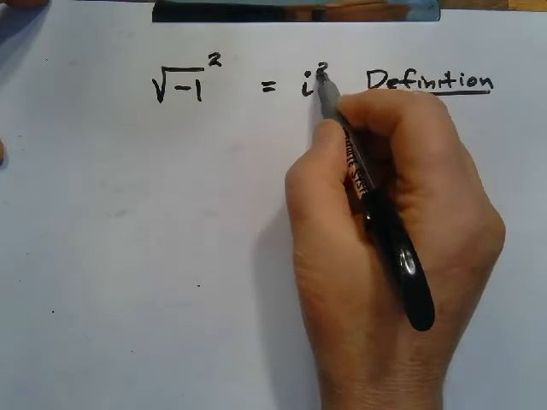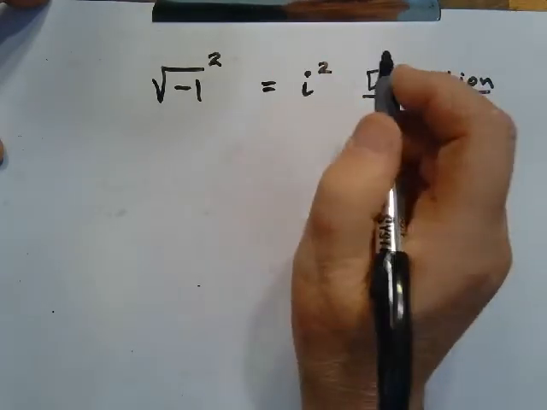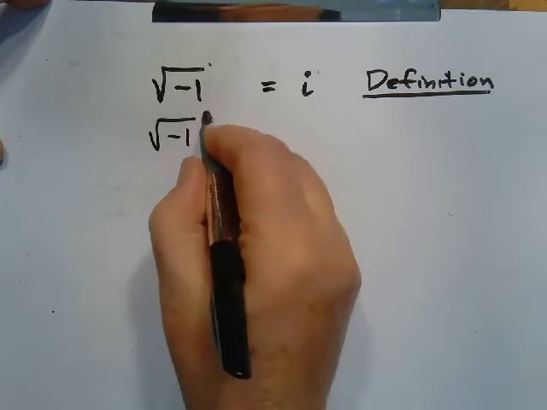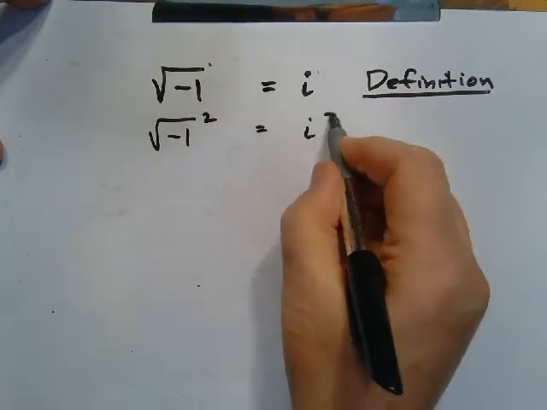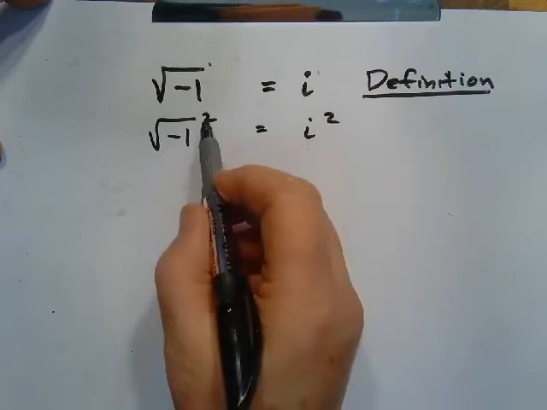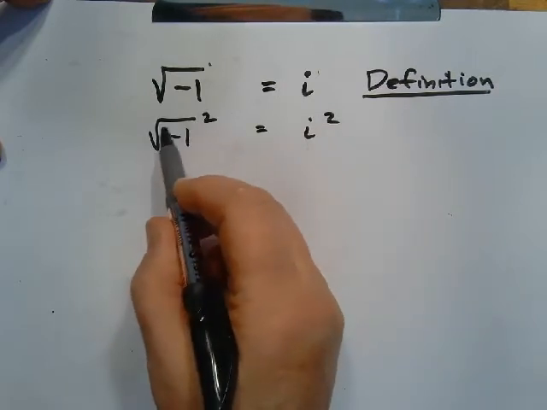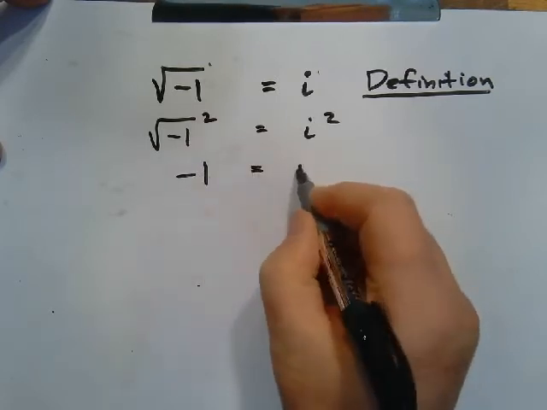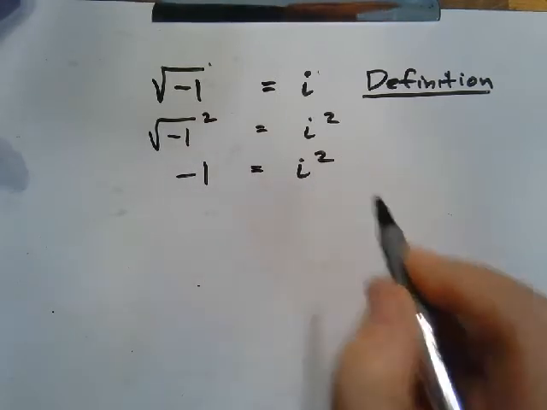Square this and square this. I'm going to square both sides. If I square both sides, let's do it right here. I find that i squared is over here as it should be. And what happens when you have a square and a square root? They undo each other. So a -1 is equal to i squared.